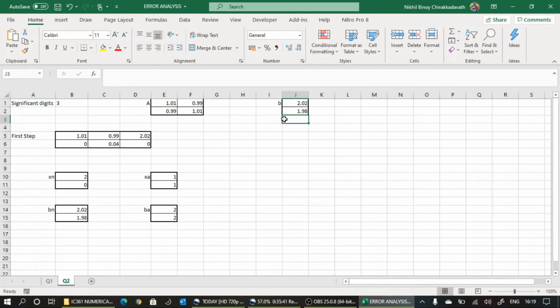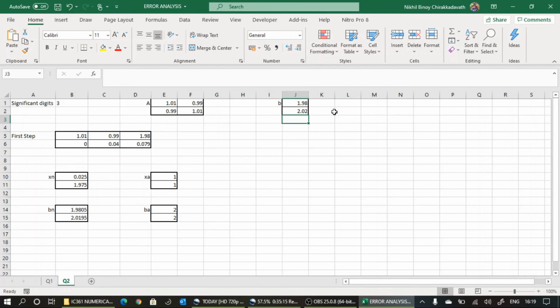Am I correct? Now what about this case? 1.98 and 2.02. We get 0.025 and 1.975. Very large difference, right?